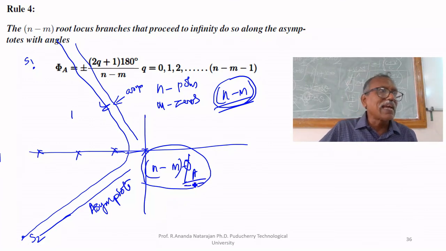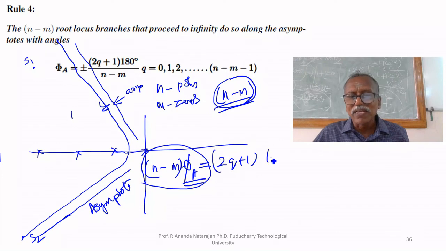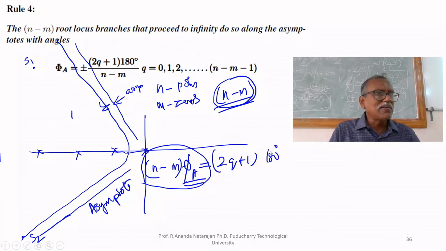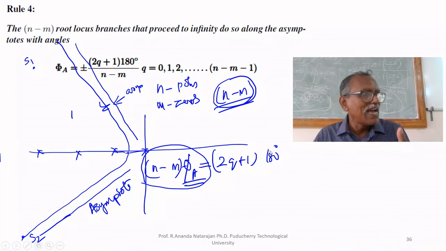Therefore, the total angle made by all these lines equals n minus m multiplied by phi a. That must be equal to 2q plus 1 multiplied by 180, because that is the criterion to satisfy whether that point is on the root locus or not.